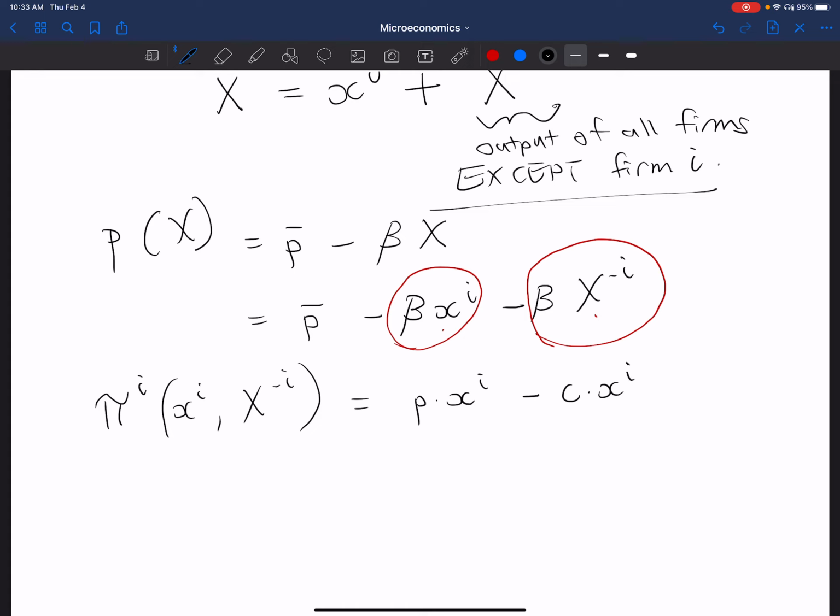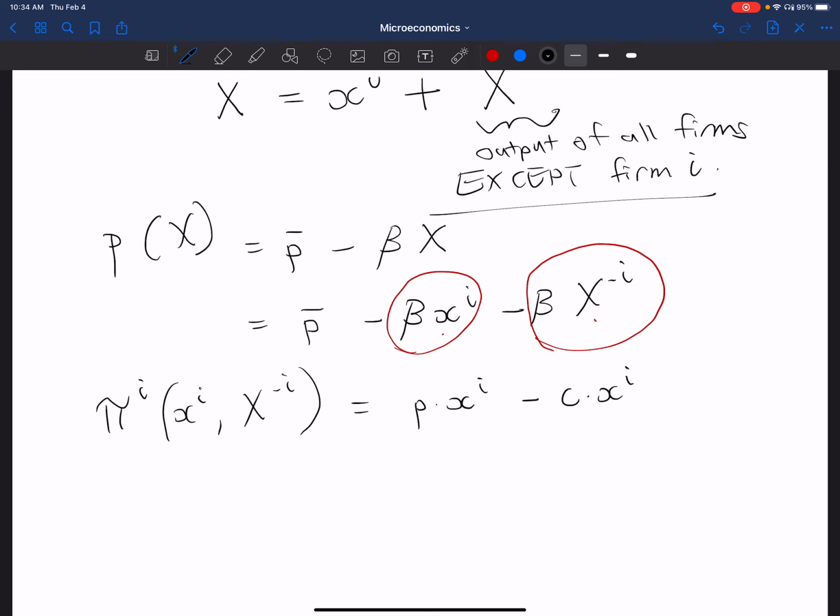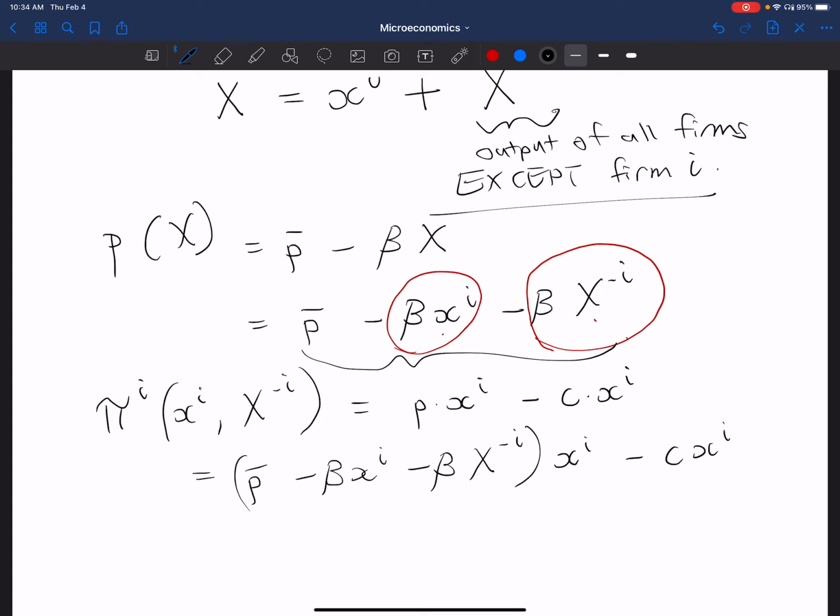We're going to assume once more that marginal costs are constant, equal to average costs. P is exactly what we have up here, so we can substitute it in. We get P bar minus beta X super I minus beta capital X minus I, the output of all other firms and the output of firm I, all multiplied by Xi, minus Cxi.